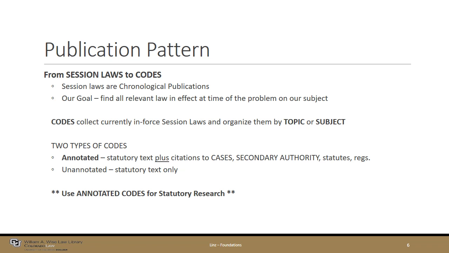This is an enormously useful tool for us as researchers because it allows us to take advantage of the connectivity of all the legal resources. When we're doing our research in statutes, using the annotated code, we can then find relevant cases and secondary authority. So the takeaway is that when you do statutory research, you turn to an annotated code for your statutory research.